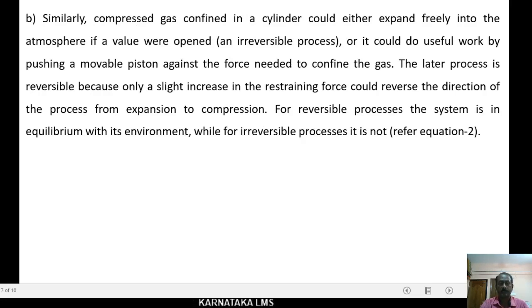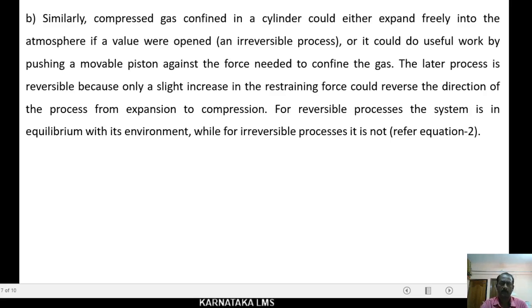Let me take second example, compressed gas confined in a cylinder. In the same way, compressed gas confined in a cylinder could either expand freely into the atmosphere if a valve were opened, or it could do useful work by pushing a movable piston against the force needed to confine the gas.